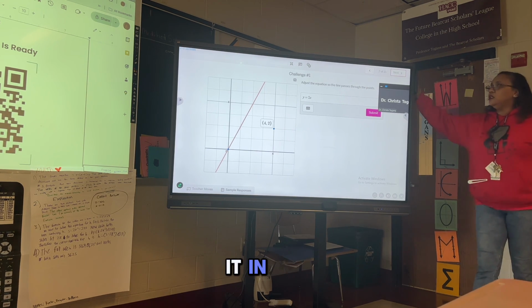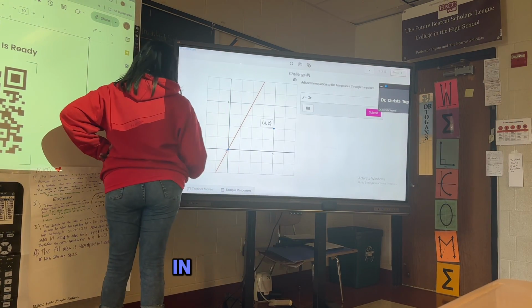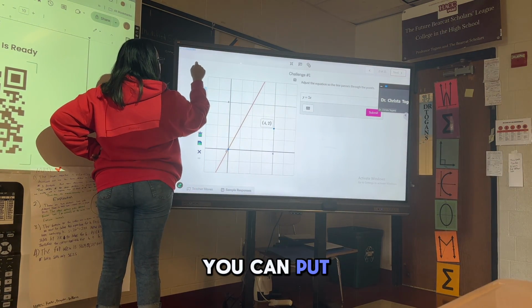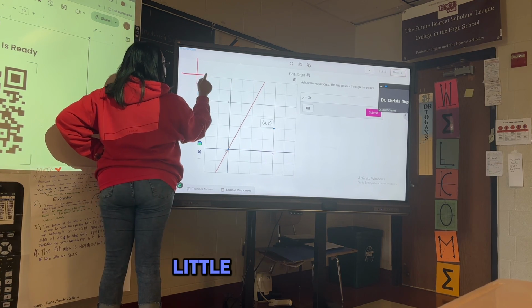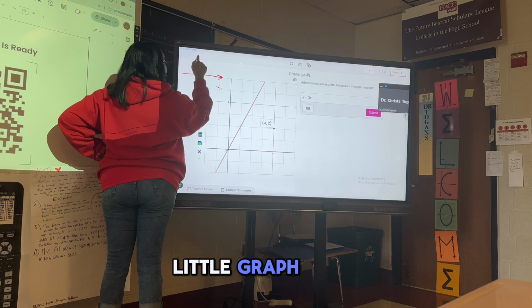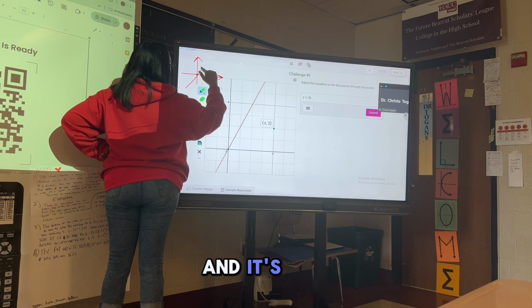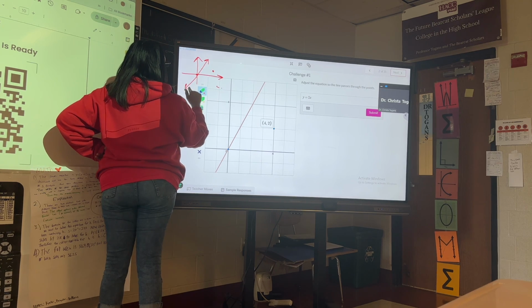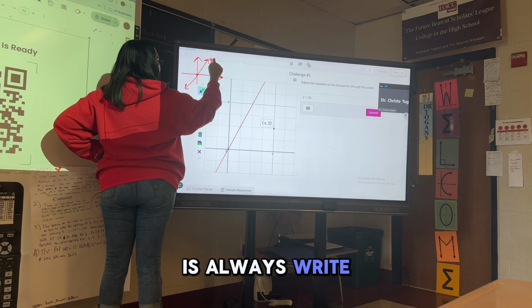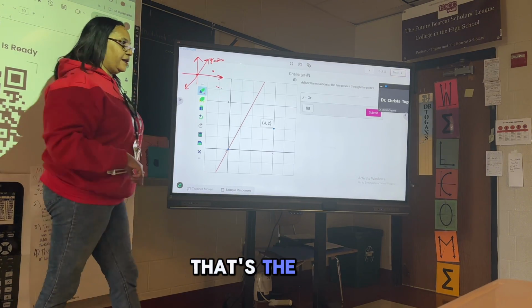You can make it in the corner of your notebook. You have your date, you have the title, and you can put a little graph, right? It's going through the origin, and it's going up this way, but the point is over here. The best thing to do is always write y equals 2x or whatever, so you know that's the line of that one, right?